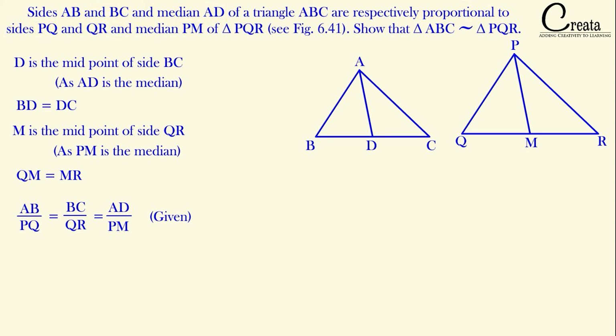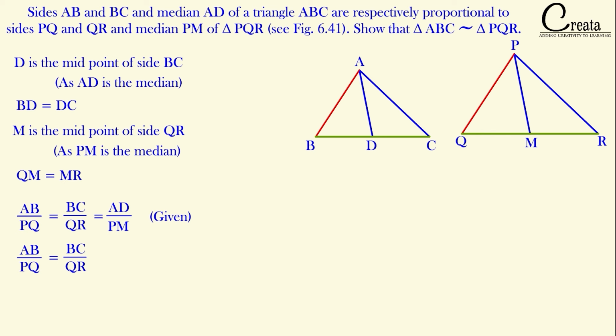Further, we have to prove that both of these triangles, triangle ABC and triangle PQR, are similar to each other. So let's see how we will approach. In the given part, it is given that AB upon PQ is equal to BC upon QR, the first two parts of the given equation. It means the ratio of the corresponding sides. Basically, two corresponding sides of the main triangles are given as proportional.